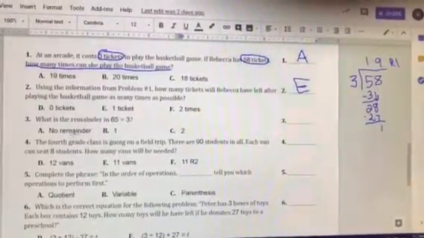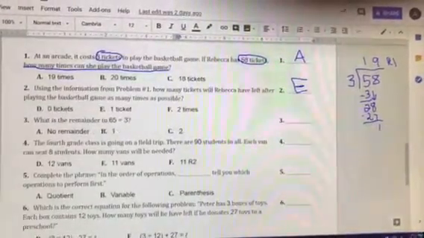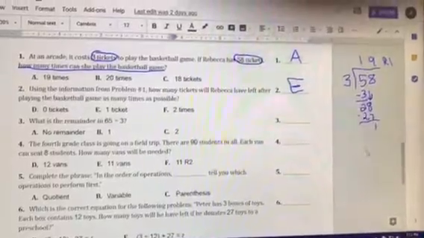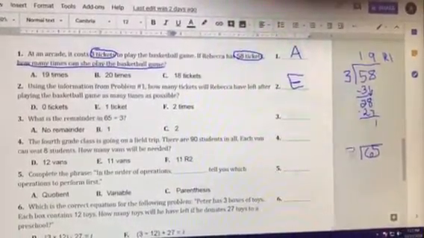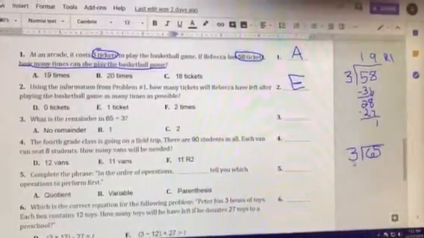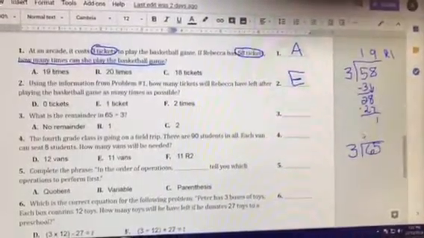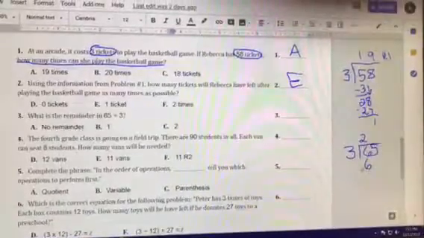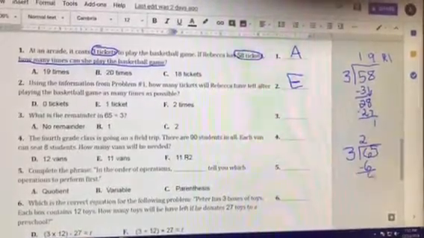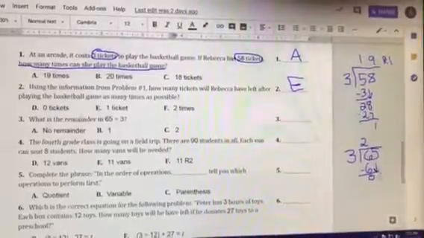For number 3, it says, what is the remainder in 65 divided by 3? Well, if we put 65 divided by 3 into long division, we see that 3 can fit into 6 twice, because 2 times 3 is 6. My next step is to subtract, and then bring down.